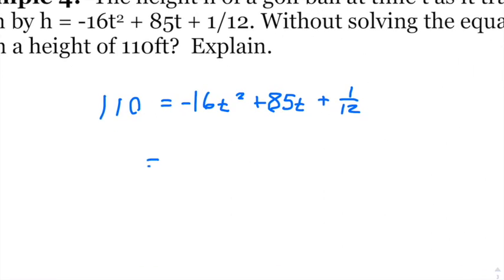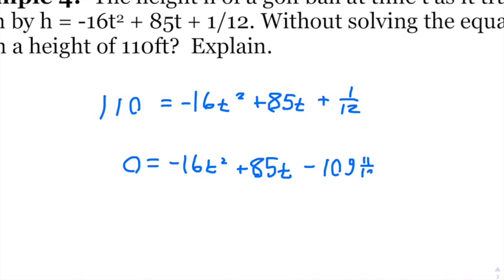Okay, and then from here we'll subtract over the 110. It still starts out the same, still needs to equal 0. If we subtract 110 there, that'll be 109, and then whatever the decimal is for 11 over 12.